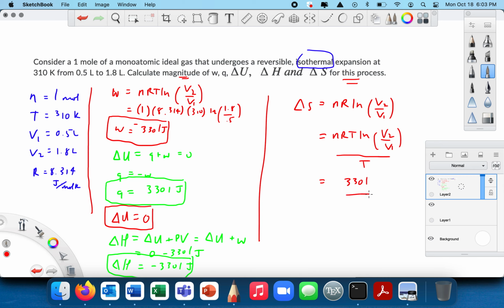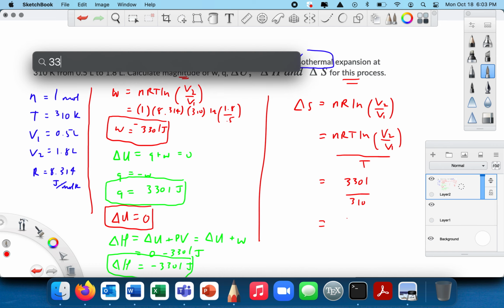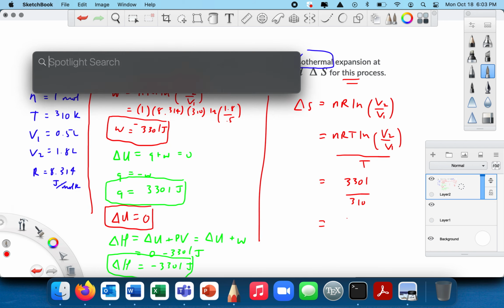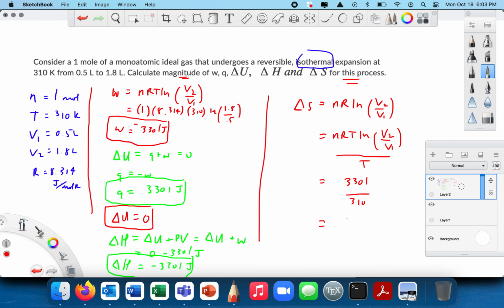So this is going to be 3301 divided by 310 kelvins, which is equal to 10.6 joules per Kelvin. The final thing I have to worry about is whether this is positive or negative. Is this becoming more ordered or less ordered?